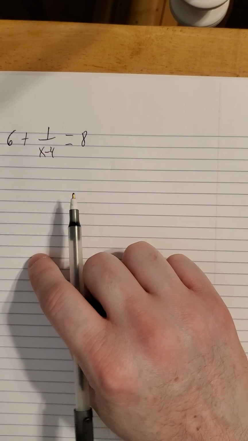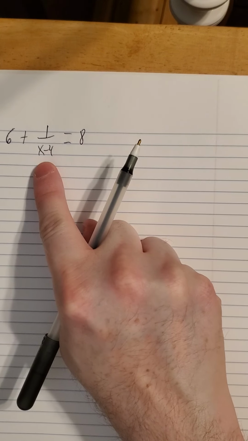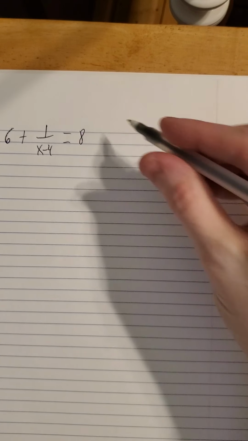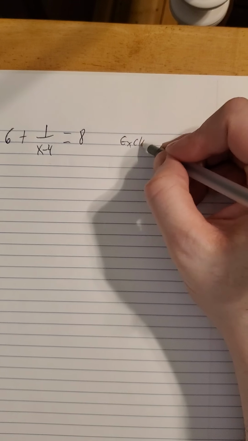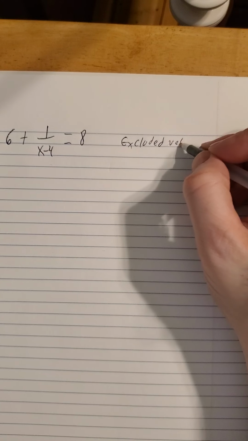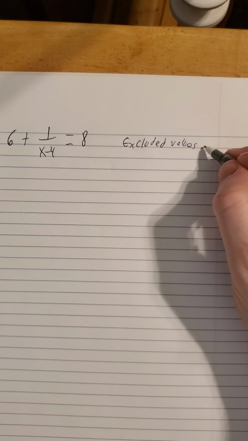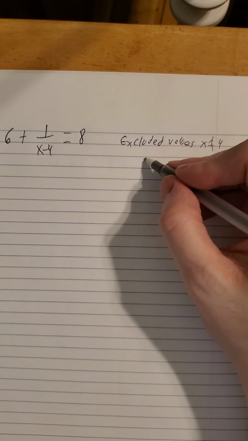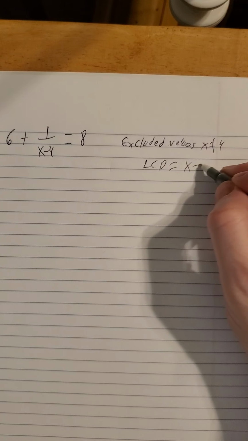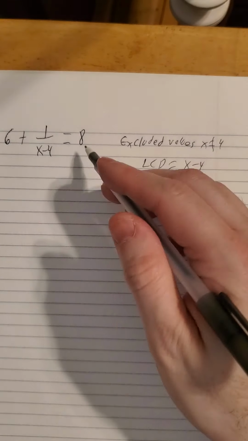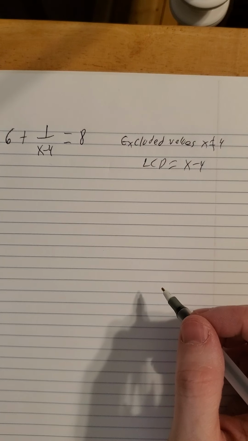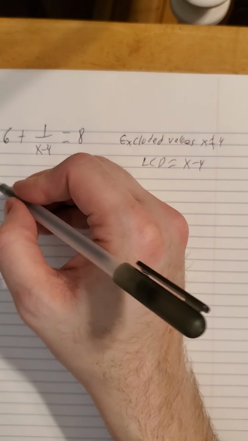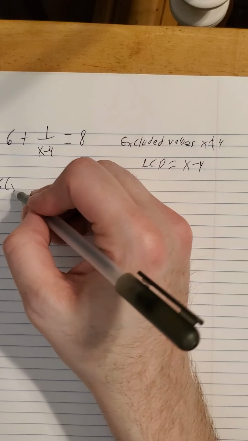So we can see right away x equals 4 is not going to work for us. So that's going to go in our list of excluded values. Our excluded values, x cannot be worth 4. Our LCD here, our only denominator we see is an x minus 4. The others have an implied denominator of 1. So we multiply both sides by the LCD.